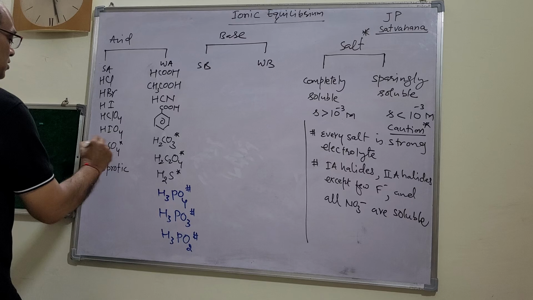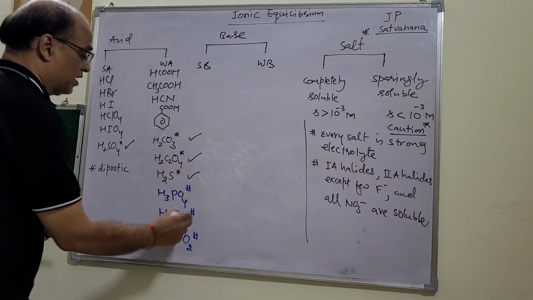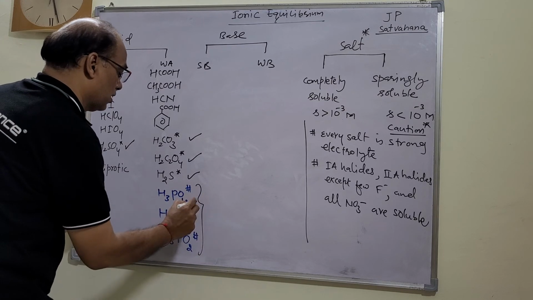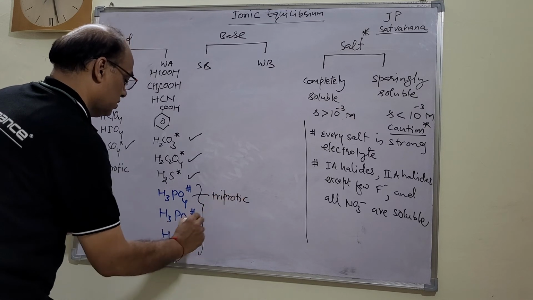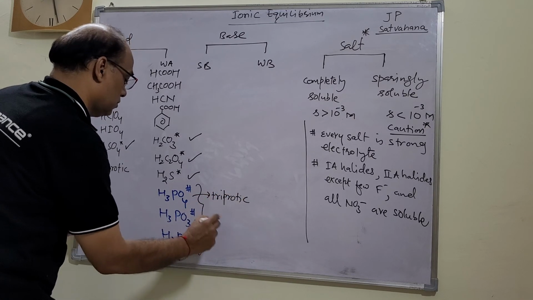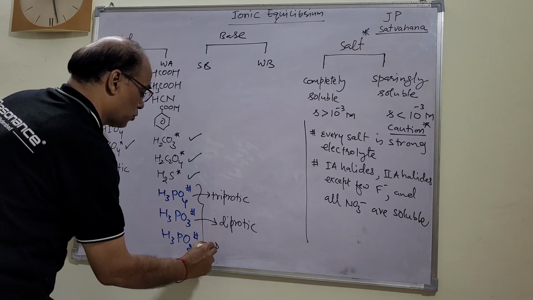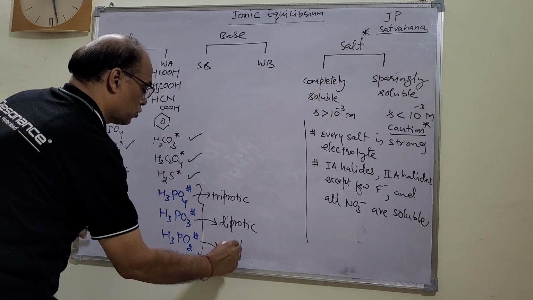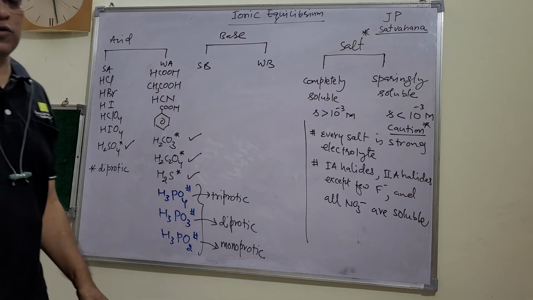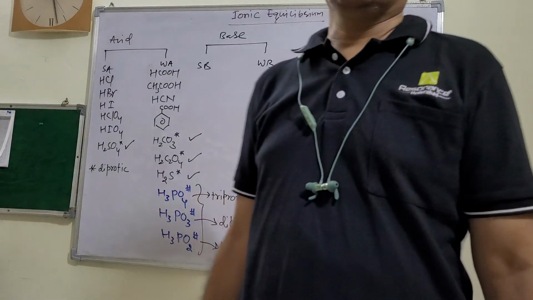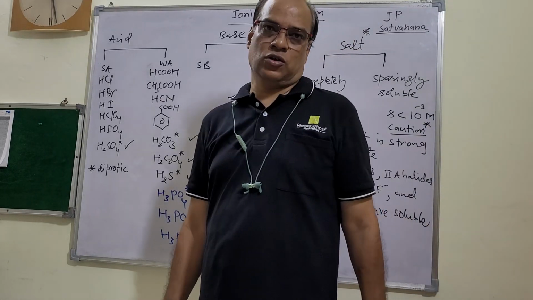So every star mark, this is diprotic, this is diprotic, this is diprotic, this is diprotic. What is this blue color hash mark? Blue color hash mark, it is triprotic, this is diprotic, and this is monoprotic. So you can also prepare short notes based on this information, and these are the key information that you have to remember while you are solving the questions.